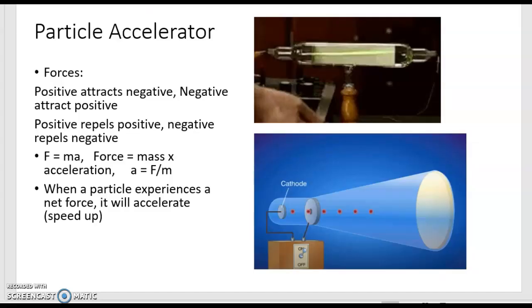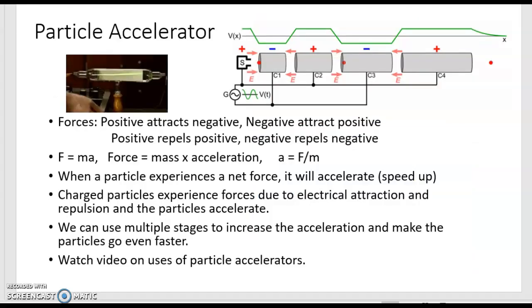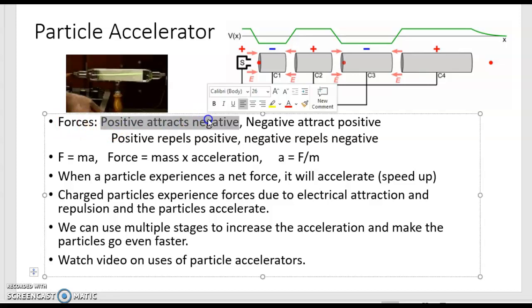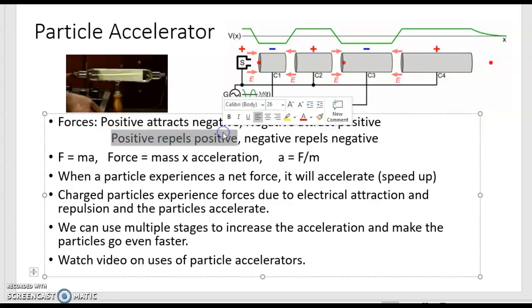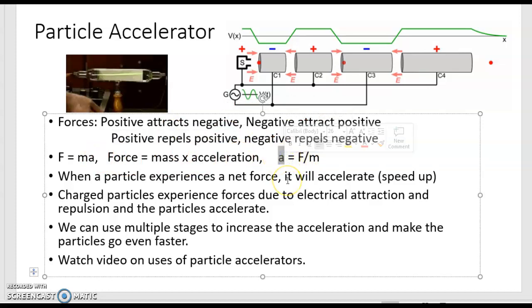All right. So in summary, the way we accelerate particles is we just tap into that basic thing that we already know, which is that positive particles will have an attractive force to negative particles, and negative particles have an attractive force to positive particles, and like charges repel. And we also know that whenever there's a force on an item, it's going to result in an acceleration.